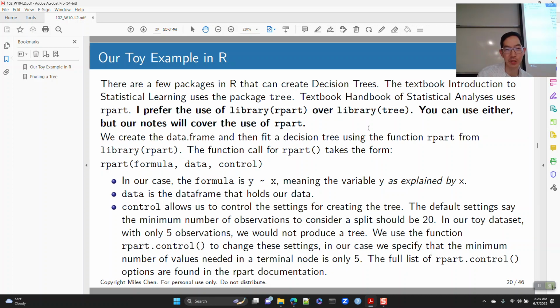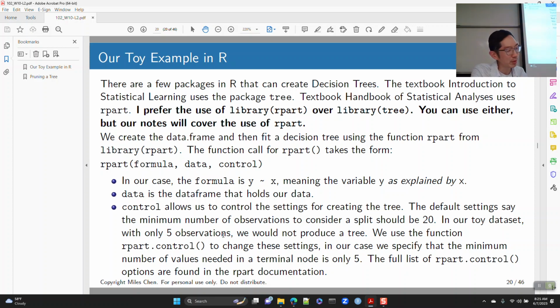a decision tree. And so we do library rpart, and you just call rpart with a formula, much like you would call a formula for lm, and then data, the data set, and then there's some control things here. So we'll just do y tilde x, and then by default control will have things like, this is where you put your stopping criterion in, like how many levels of tree do you want?